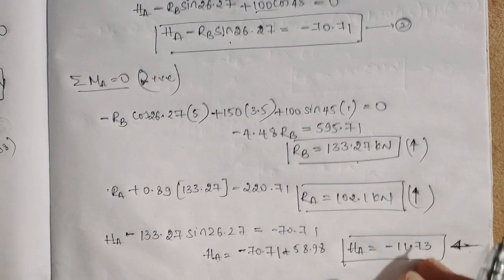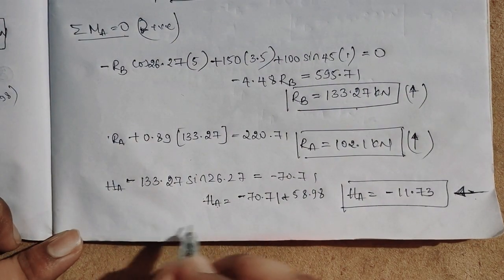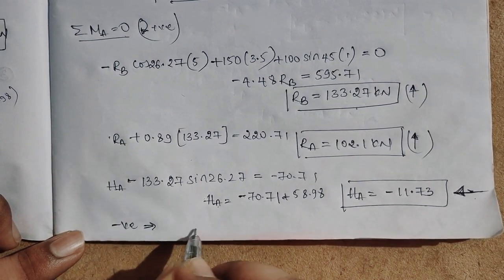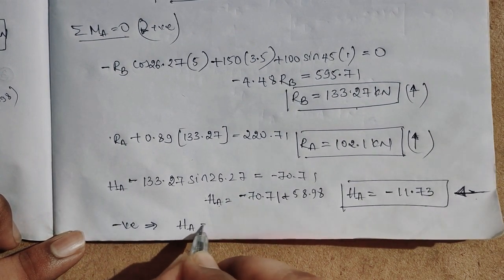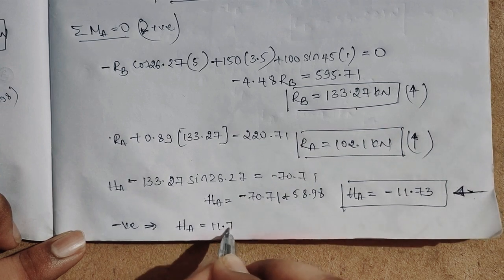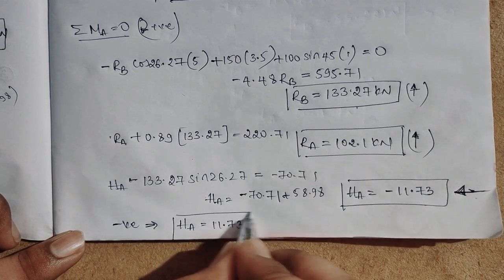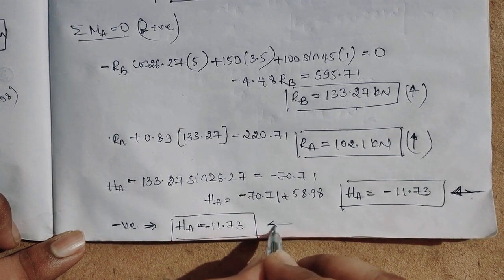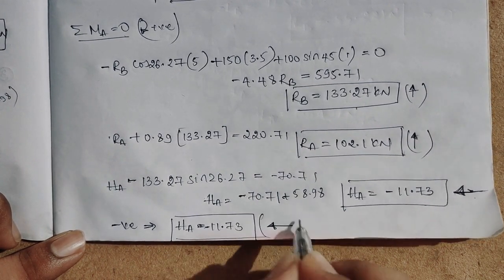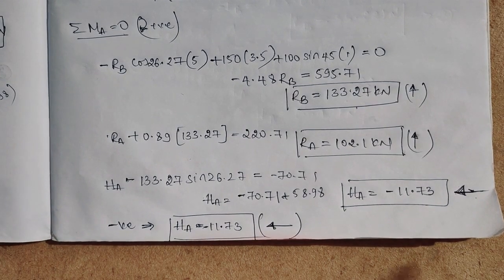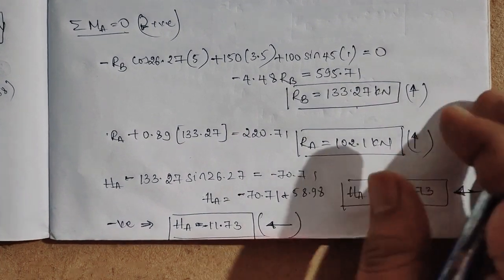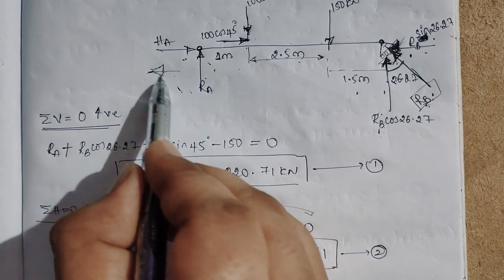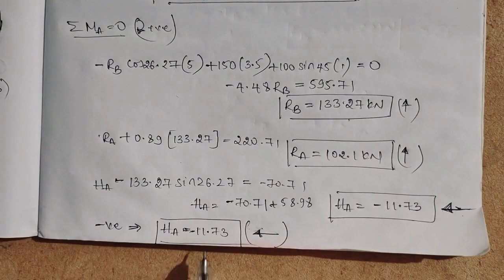So the negative sign indicates HA is 11.73 negative, that is the direction of HA is like this. Okay, you redraw the figure and write the HA, 11.73.